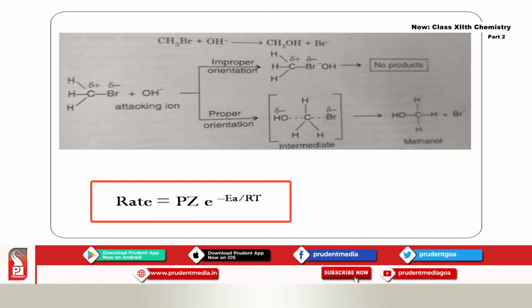It is going to consider whether the reactant molecules are properly oriented or not. So, this equation explains collision theory as a whole, wherein effective collisions lead to the formation of products with the help of P and Z.